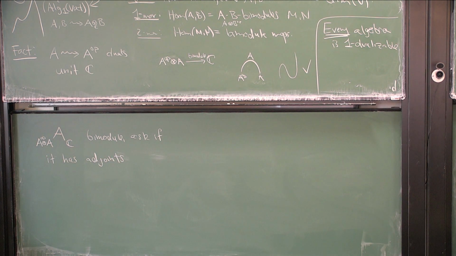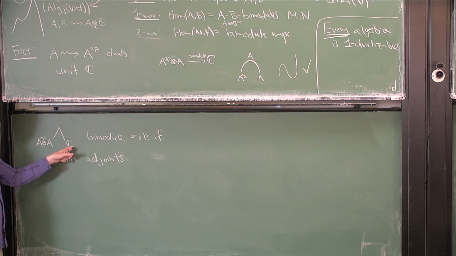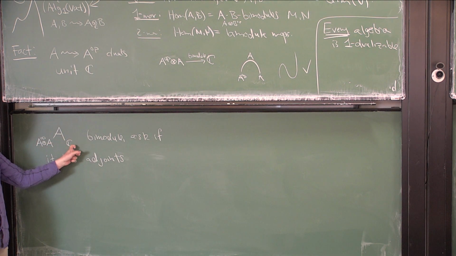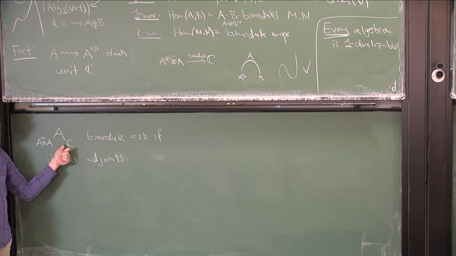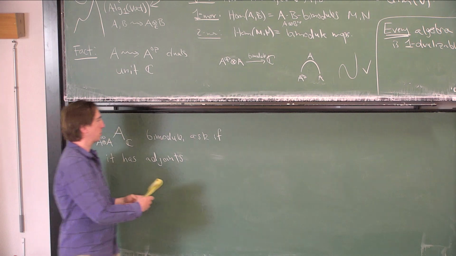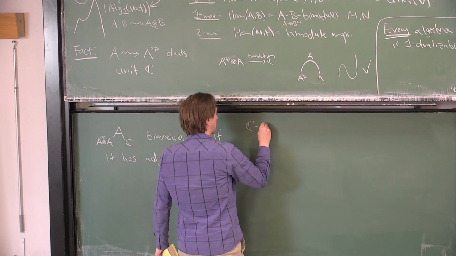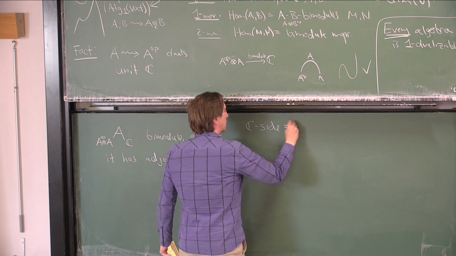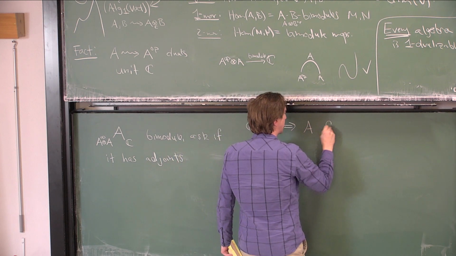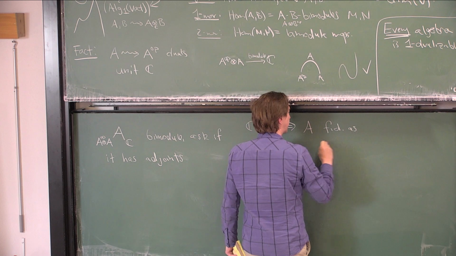Okay. Well, it turns out, so actually going back to the previous example, to say that it has adjoints on the right for C is just to ask that A is dualizable as a vector space. So the dualizability on one side, this is going to imply something very strong. This is going to imply that A is finite dimensional as a vector space.